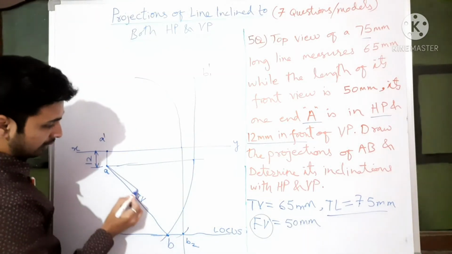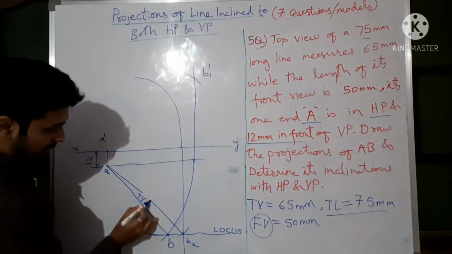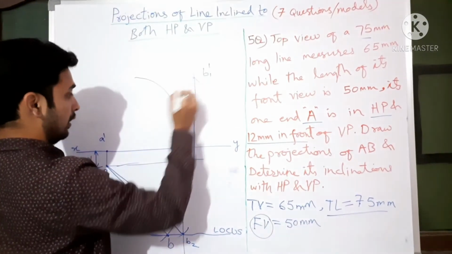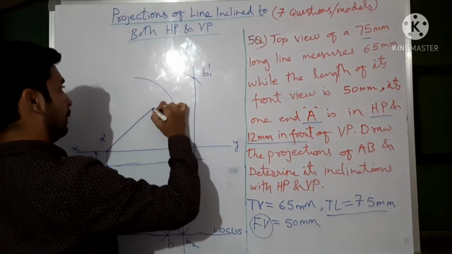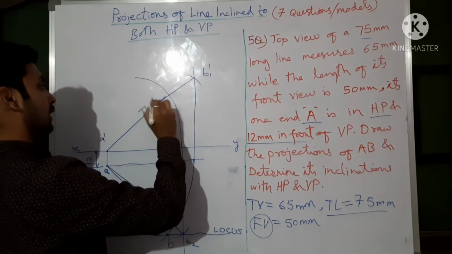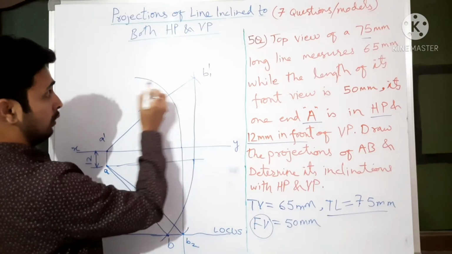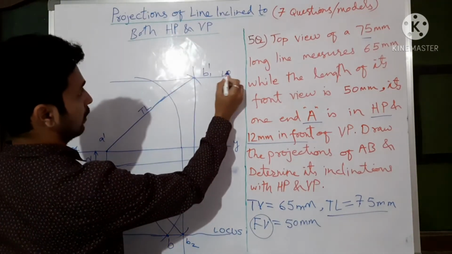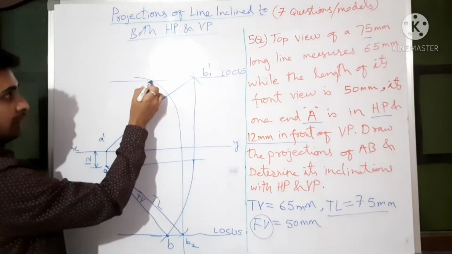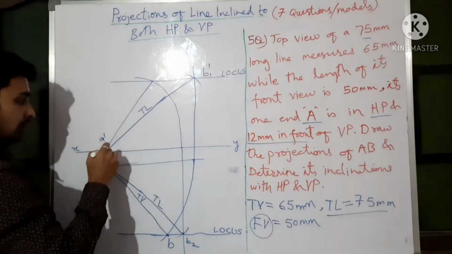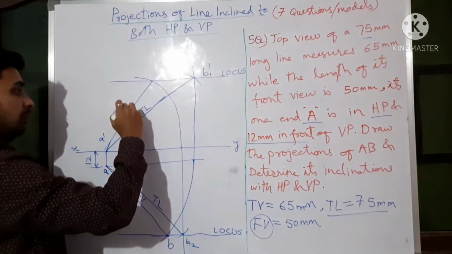So if you join this previously marked arc, this is your true length, and similarly here if you join these two, this is also your true length. So this point, as soon as you are getting, draw the locus. So wherever locus touches this arc, this is your front view.